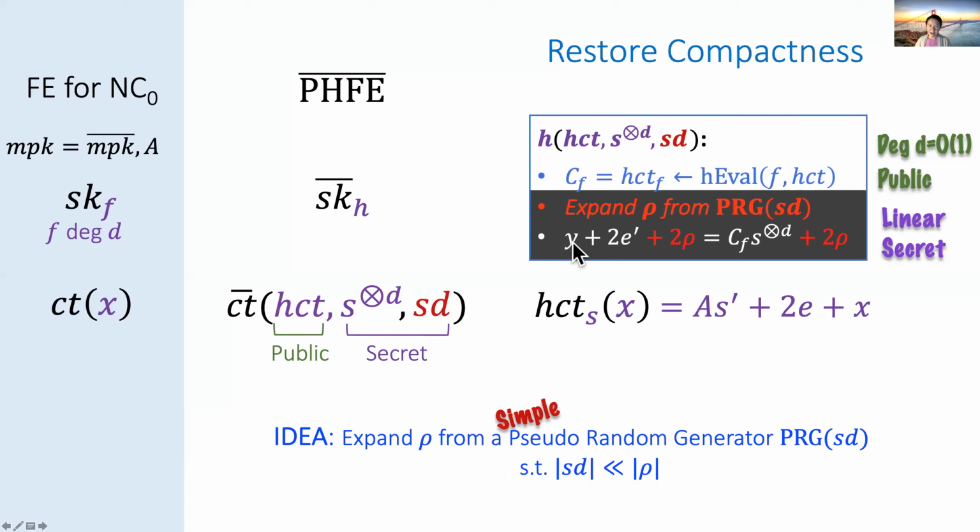Note that now we will have to expand the rho through the PRG as part of the computation inside H, and therefore the PRG had better be really, really simple.